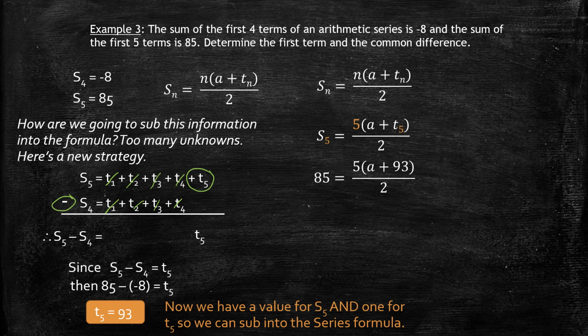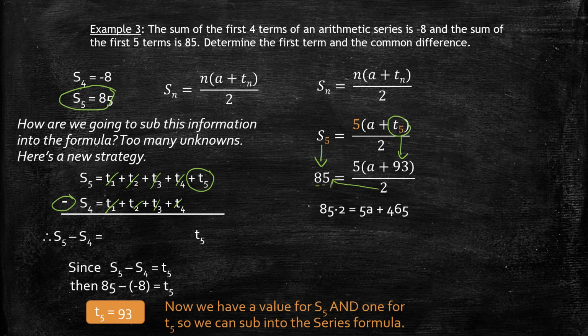But remember, sum 5 is 85, right? That was in the question over here. We know that sum 5 is 85, so I can replace these two. I know what term 5 is because I just worked it out. It's 93, so that gets replaced there. And multiplying both sides by 2, this 2 gets multiplied up by 85.